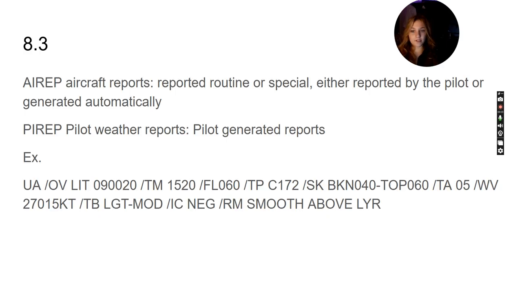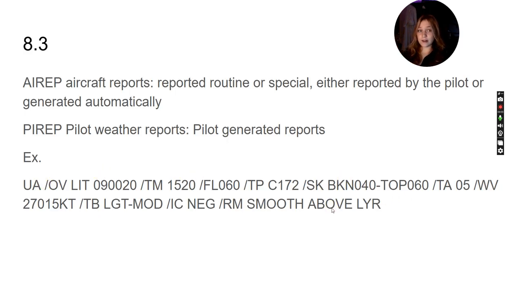Now, aircraft reports, PIREPs. They are reported routine or special, either reported by a pilot or generated automatically. PIREPs are pilot weather reports, the pilot-generated reports, and I think they're more common. Down here is what one would look like.